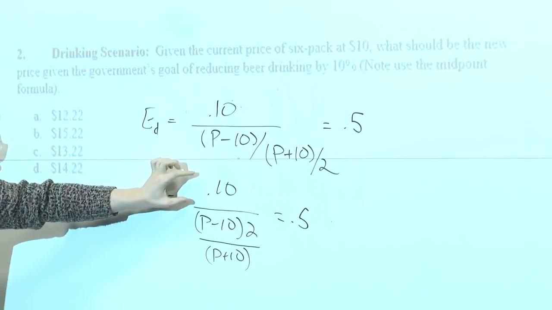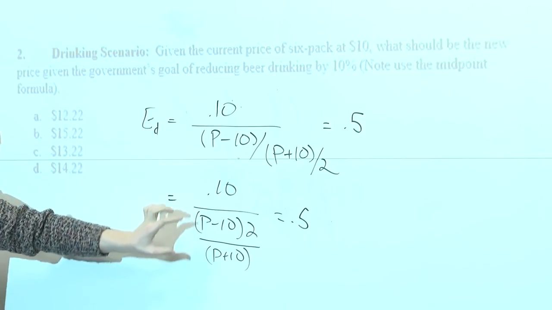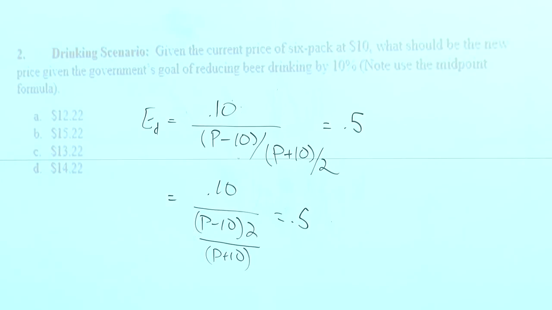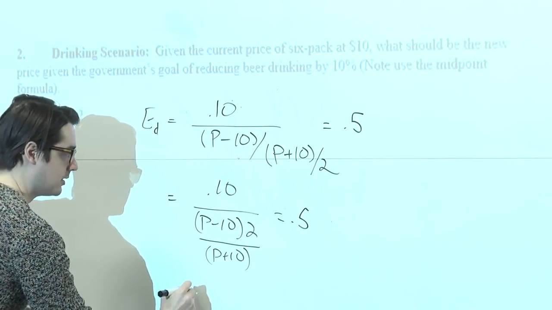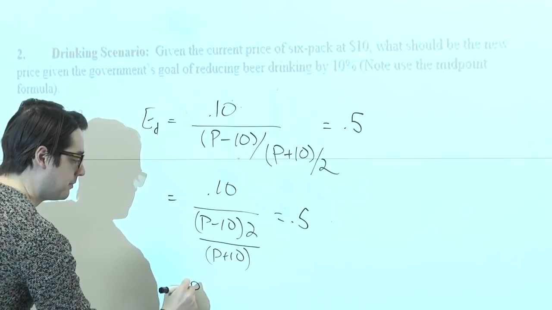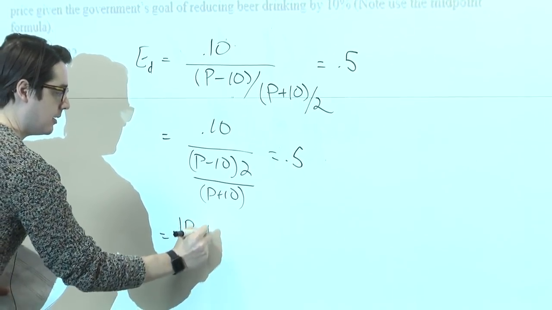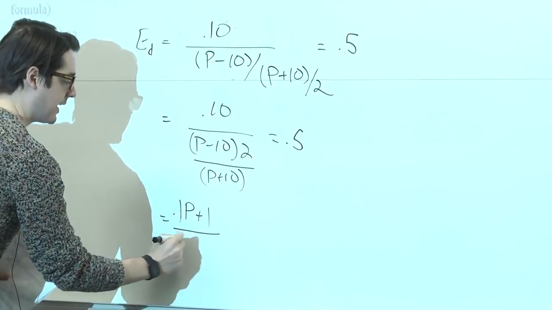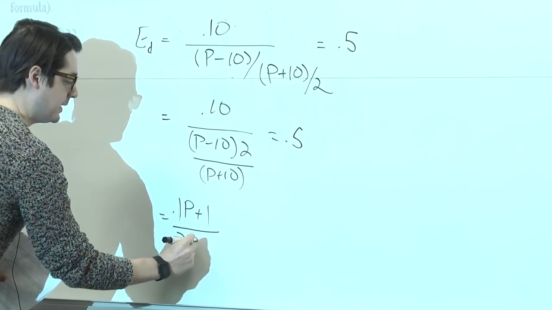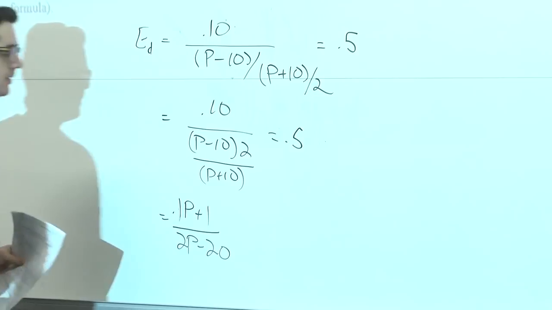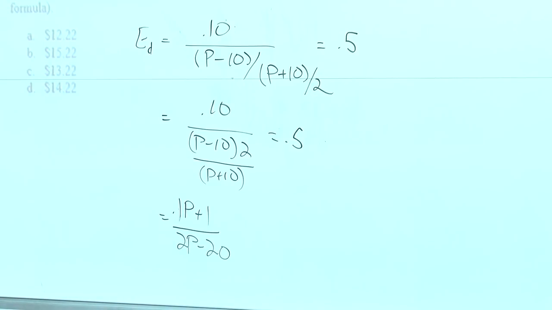This 0.10 is divided by a fraction, so I'm just going to multiply by its reciprocal again. And it's going to equal 0.1p plus 1 divided by 2p minus 20. And that still equals 0.5.